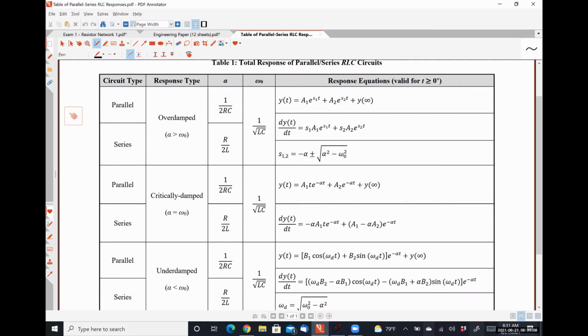So for instance, at the very top on the rightmost column, I have y of t is equal to a1 e to the s1 t plus a2 e to the s2 t plus y at infinity, which is the exact equation that we came up with in the derivation and all that kind of good stuff. But y of t could be a voltage or a current.